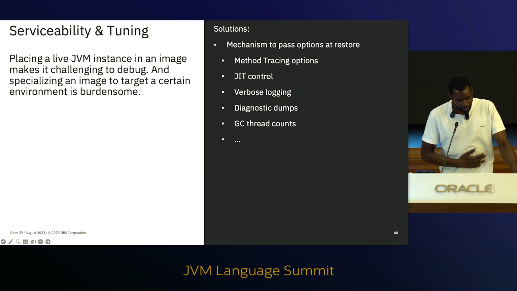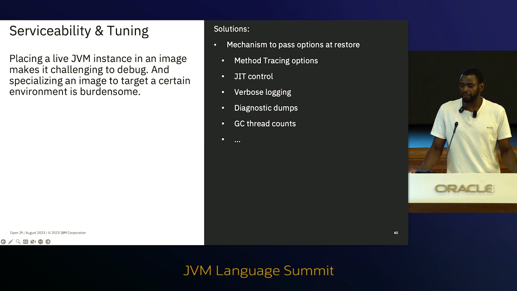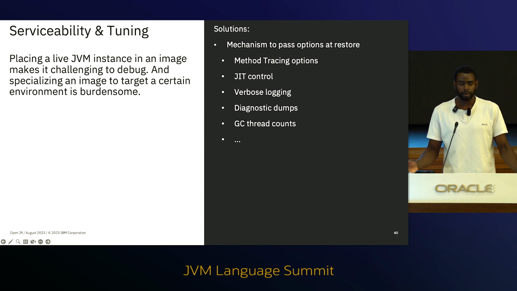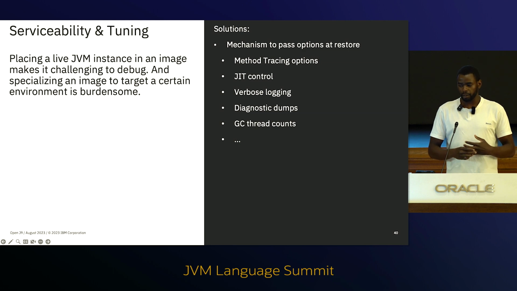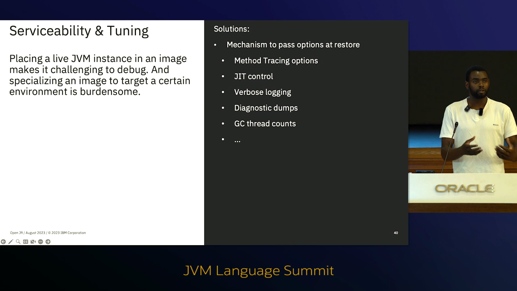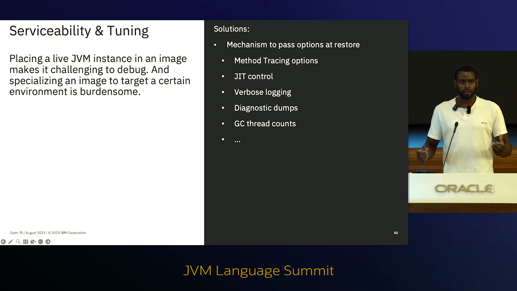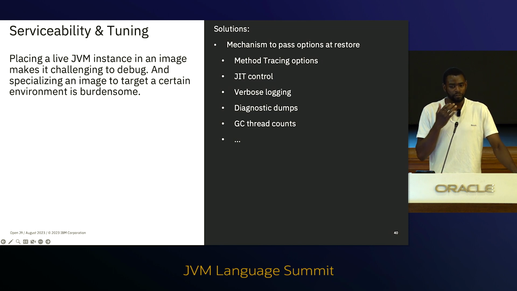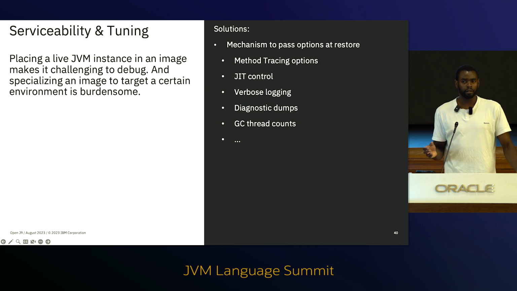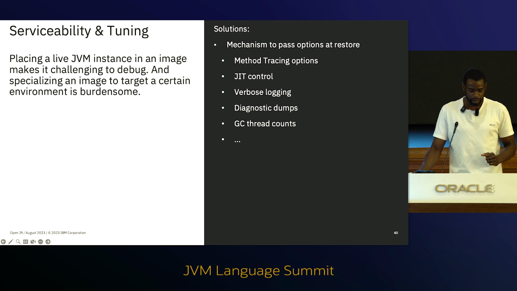So very quickly, putting a live JVM instance in a container image makes it challenging to debug, and specializing an image for each environment that you're targeting at deployment is also burdensome. For example, if you've got nodes that are 1 gig and nodes that are 2 gigs, you don't want to have to make special images for these.